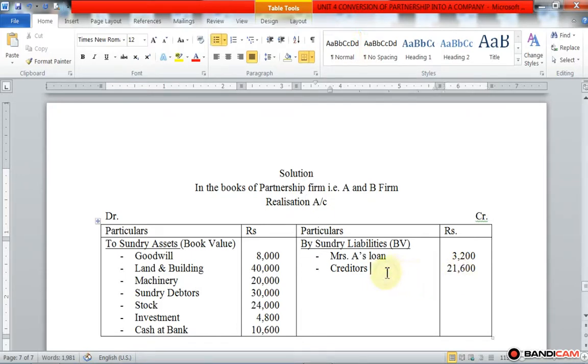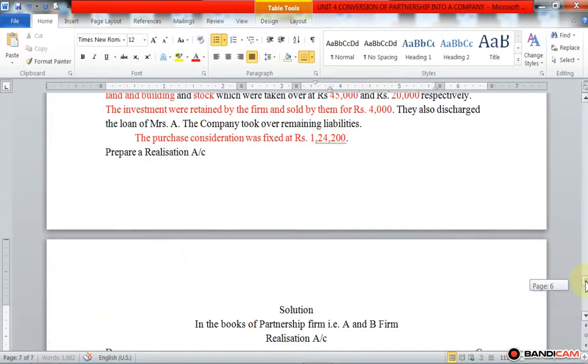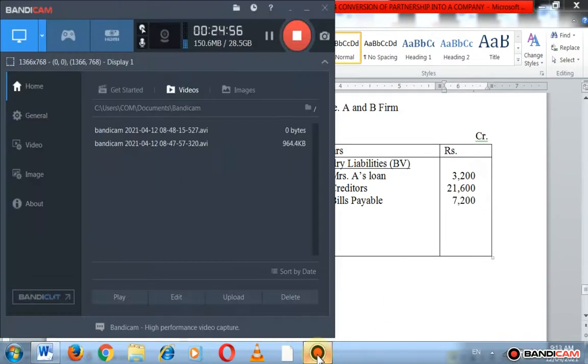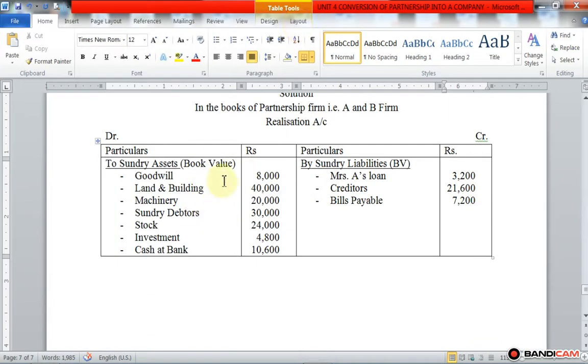Then bills payable is given, that is 7,200. Got it? So here we transfer the liabilities to the realization account. We transfer all the assets and all liabilities to the realization account.